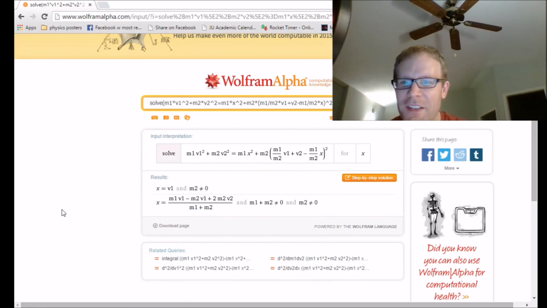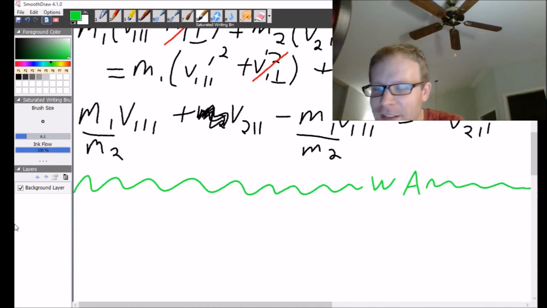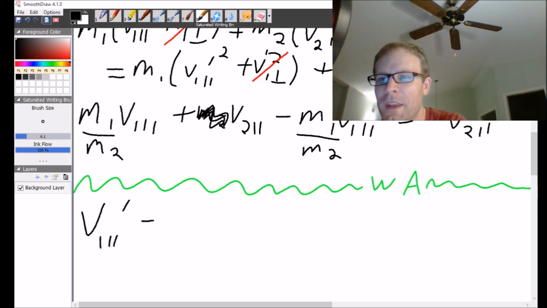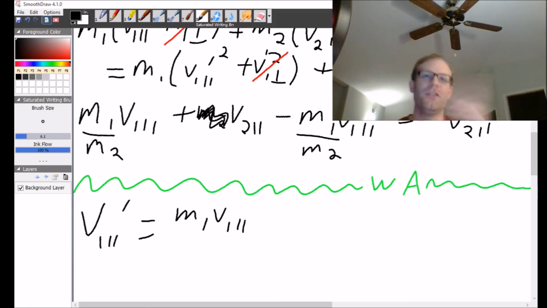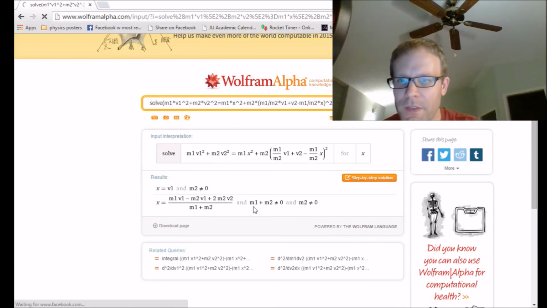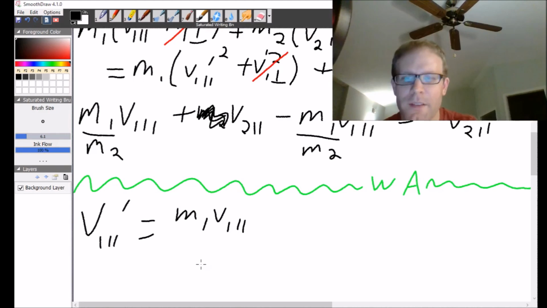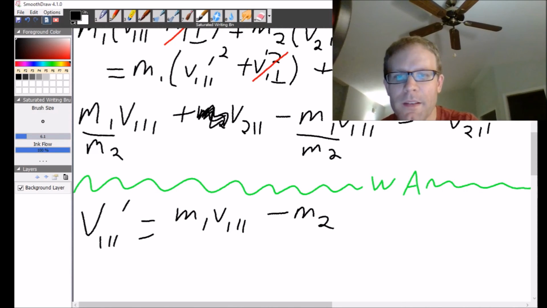So what I get is V1 parallel prime is equal to M1 V1 minus M2 V1 plus 2 M2 V2, all being divided by M1 plus M2. Remember, I just dropped the parallels because those are the only things left.